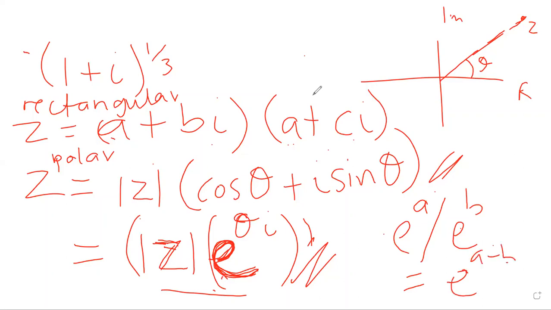So you can see how important De Moivre's theorem is, and how important the change from rectangular coordinates to polar to this exponential form. All right, so let me erase this and then let's go into solving the actual question that we put there.